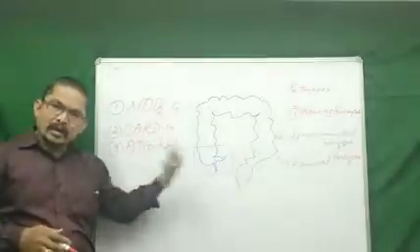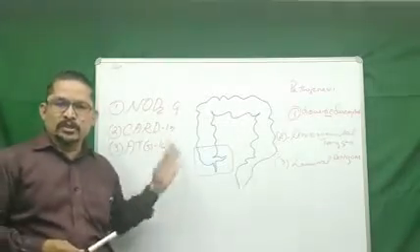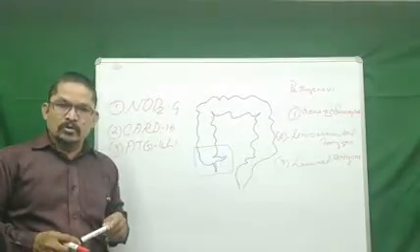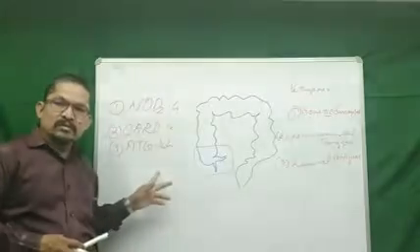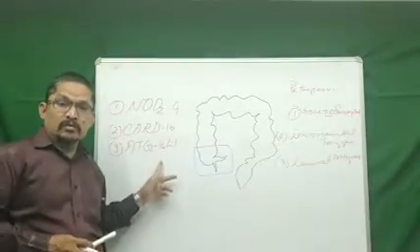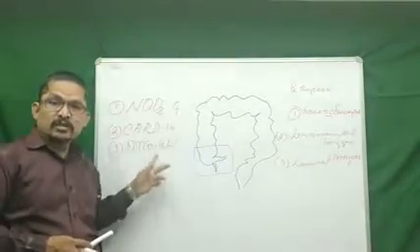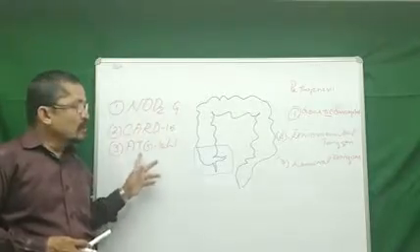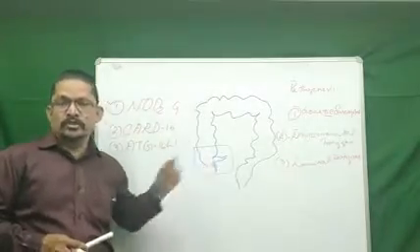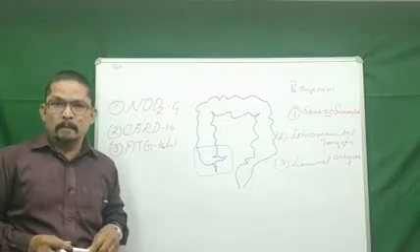There are so many other genes also responsible for the production of Crohn's disease, but these three play an important role. Mutation of these genes results in the production of Crohn's disease.